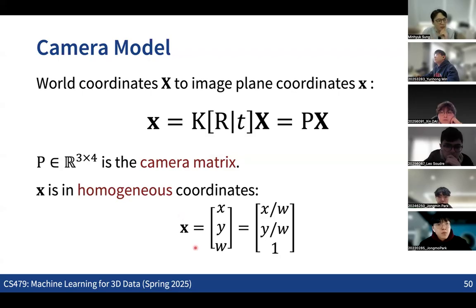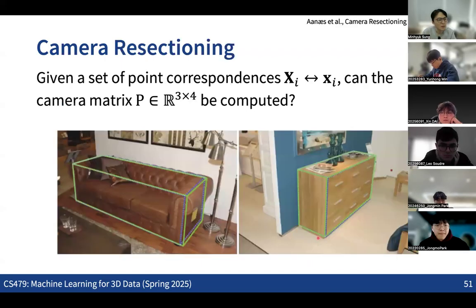One last thing, I'm not sure whether I'm going to have time for it, is how we can compute this 3x4 matrix, given some information about the 3D to 2D mapping. For example, let's assume that we somehow have information about point correspondences.